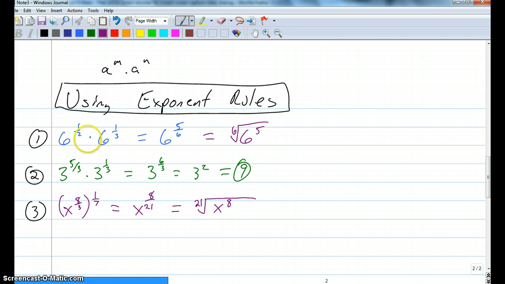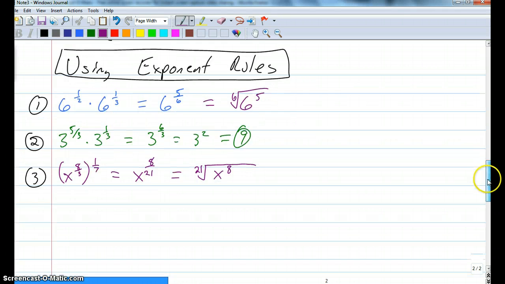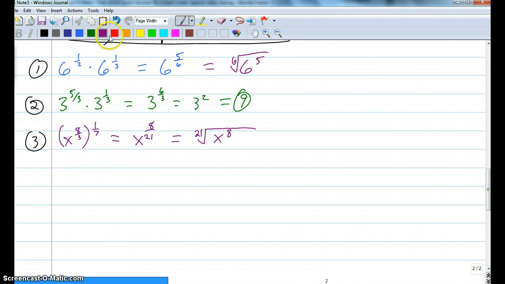Very good. Now, check out these 3 problems, particularly the first 2. What did they all have in common? Well, check this out. Each one, the bases are the same. So there's kind of a little rule that we're going to follow here.